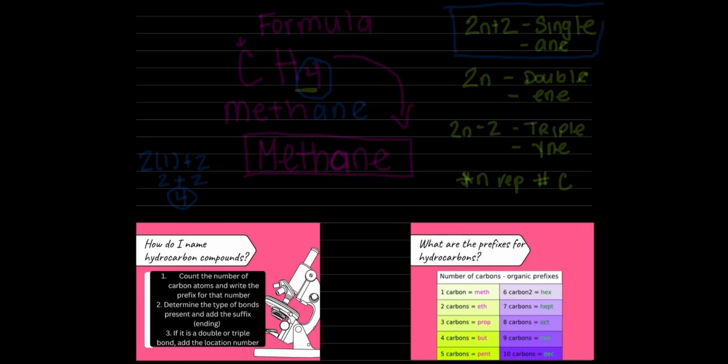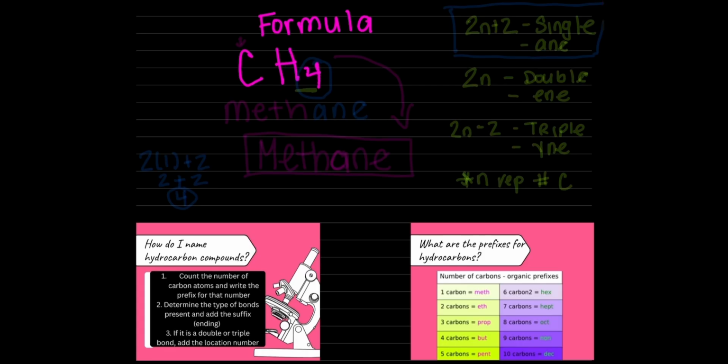Now, as we go into doing our first example, I do want you to also know that there are a few ways that you can see a hydrocarbon being represented. The first way that I want to identify is that they may give you the formula. The question may start with the formula. The example we're going to use today is CH4.